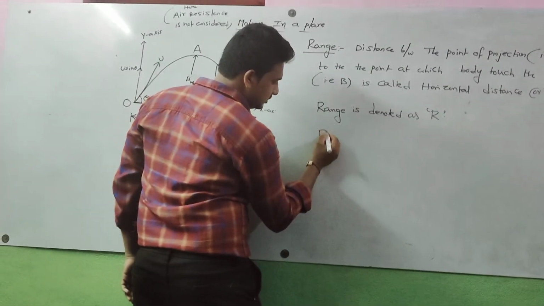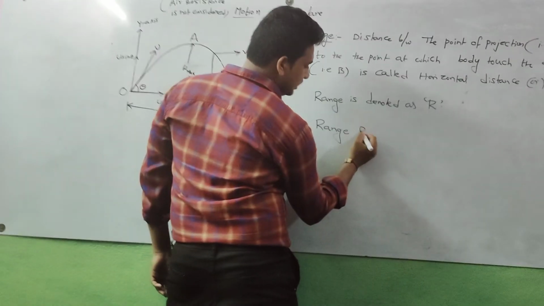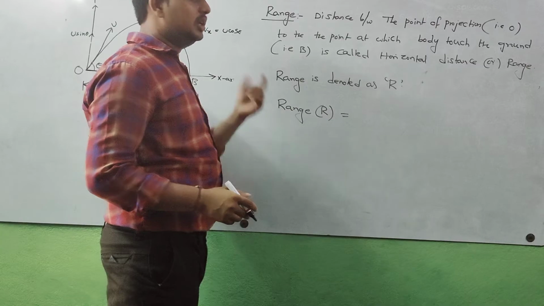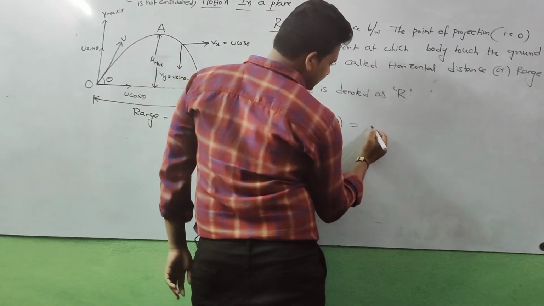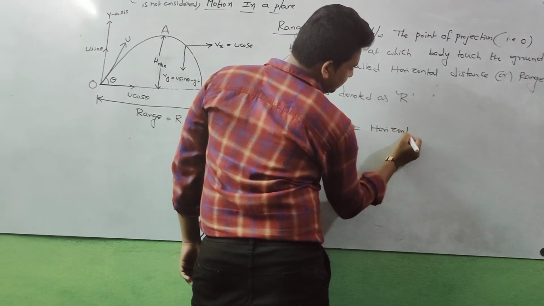Formula for range. Range R is equal to horizontal velocity into time of flight, because it is a horizontal distance.